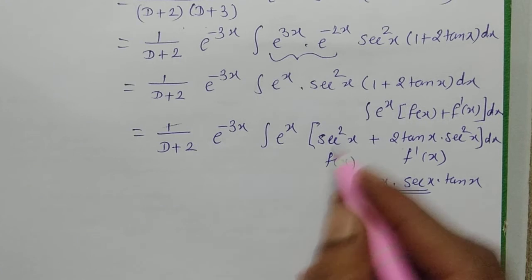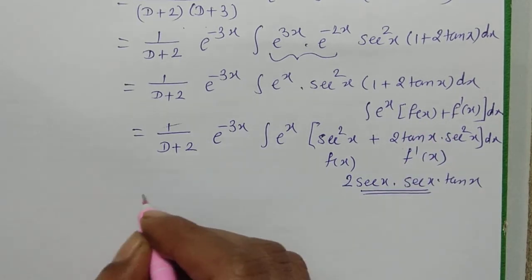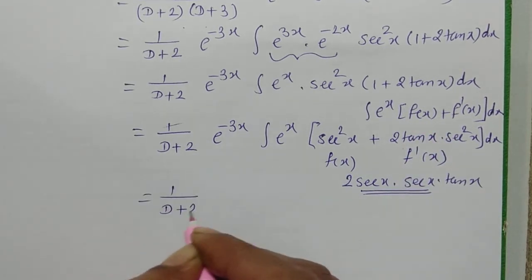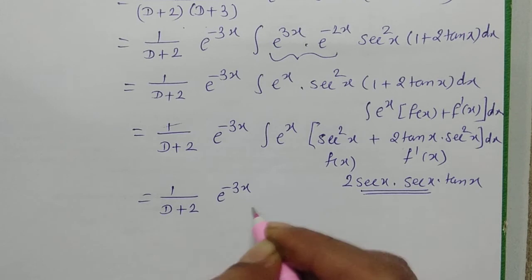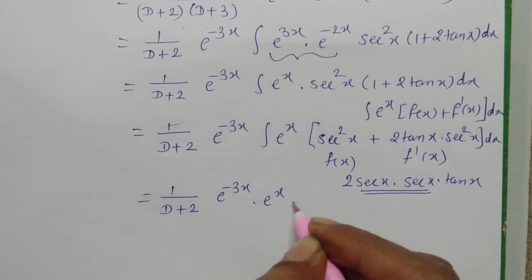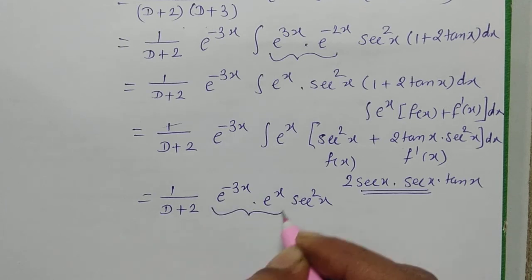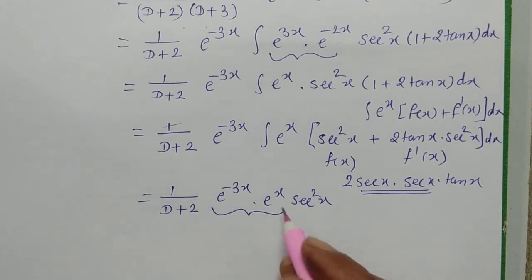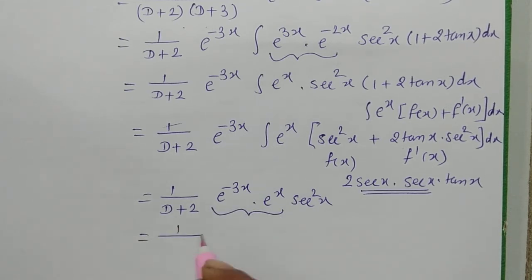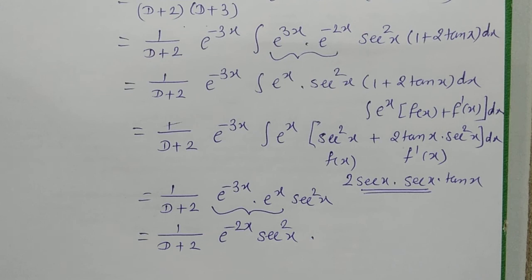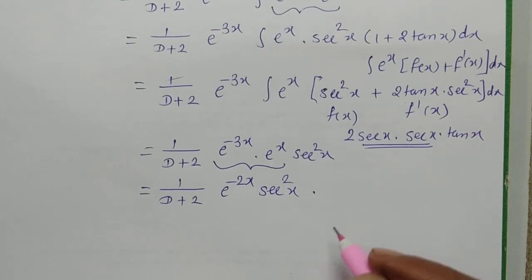So now by using the standard result, we can write its integral as 1 upon D plus 2 of e raised to -3x into e raised to x into f x, that is sec squared x only, isn't it? And now this e raised to -3x into e raised to x becomes e raised to -2x into sec squared x. So for the first factor we have simplified.